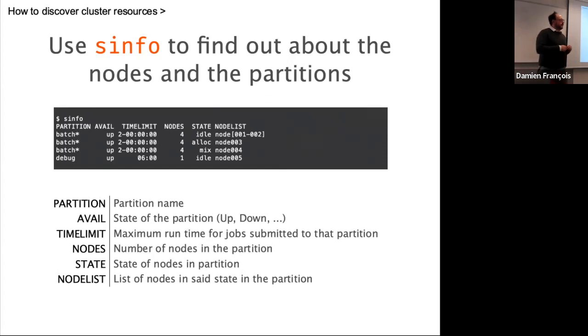Yes? In sinfo, on the availability, there is some color coding. The avail column is the availability of the partition. It's either up or down, depending on whether you can submit jobs or not. Most of the time you will see that they are up. On which cluster? Dragon.